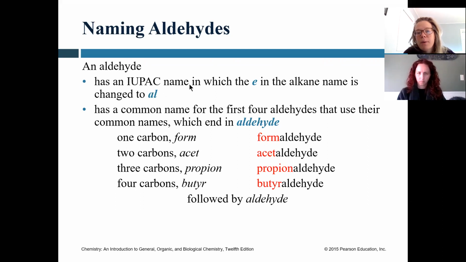So with the IUPAC system, if it's an alkane, so all single bonds, this is for aldehyde, you take the E off and you replace it with AL. There's AL. There's AL. Do you need to say where the aldehyde is? No, because remember, where is an aldehyde always? AL at the end. It's always going to be on carbon 1.